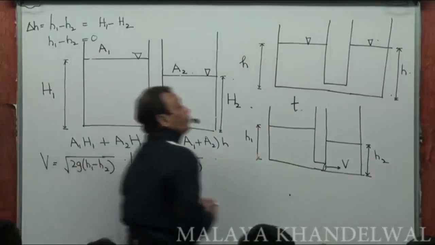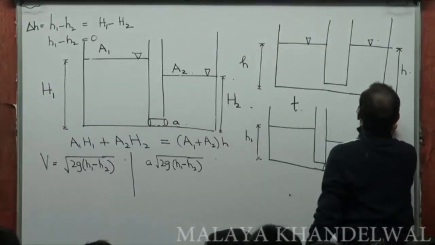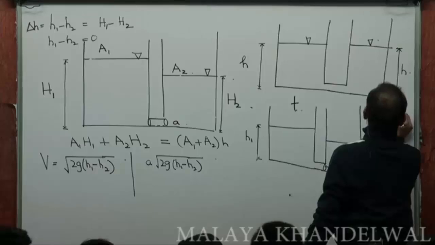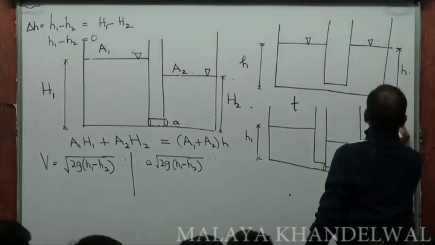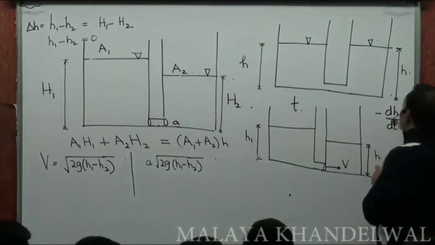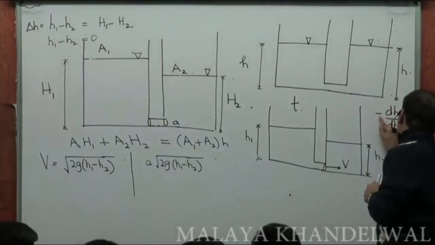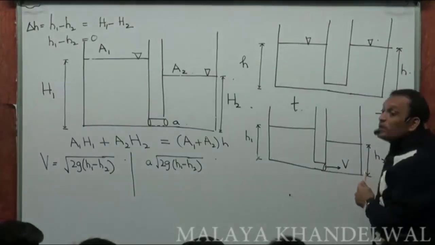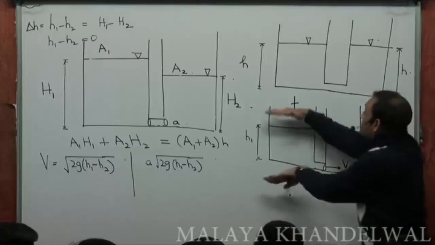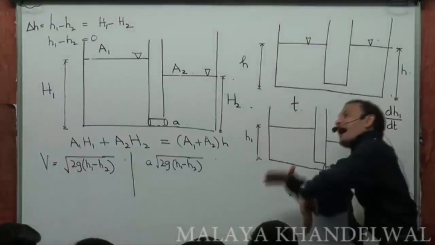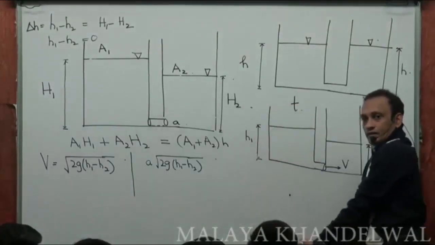So the rate at which h1 decreases is minus dh1/dt. Why minus? Because h1 is decreasing with time, dh1/dt is a negative number. So if I put in a minus sign, that will give me a positive number. That's the rate at which this height is decreasing with time at this instant, right?